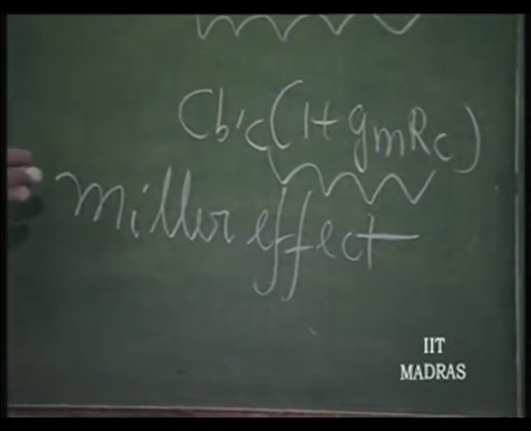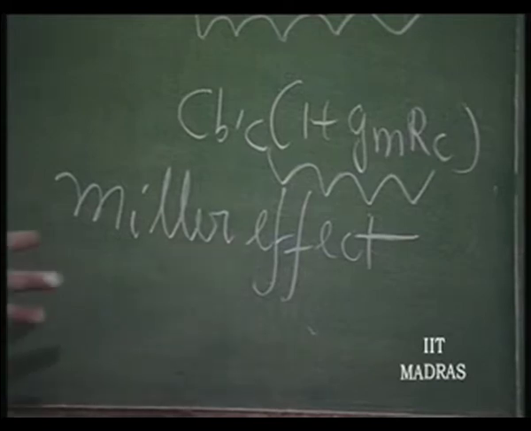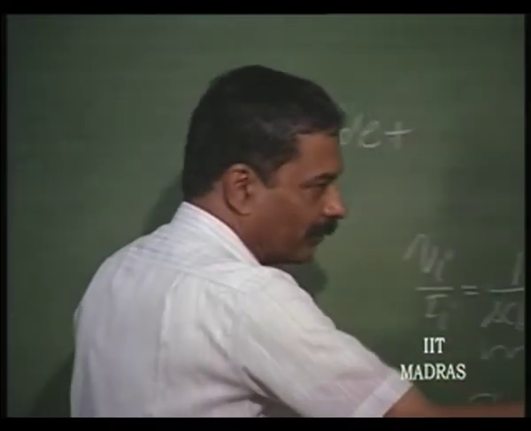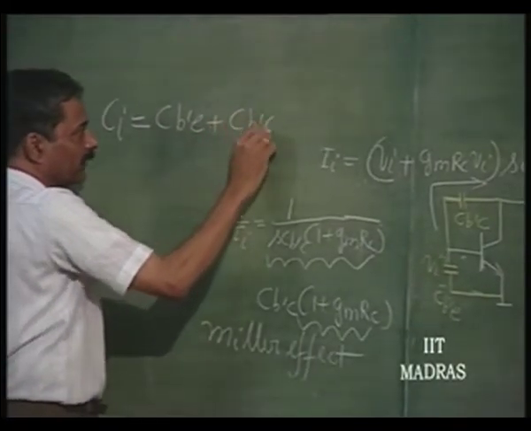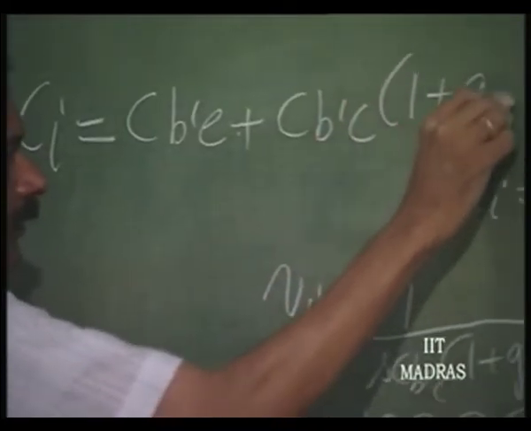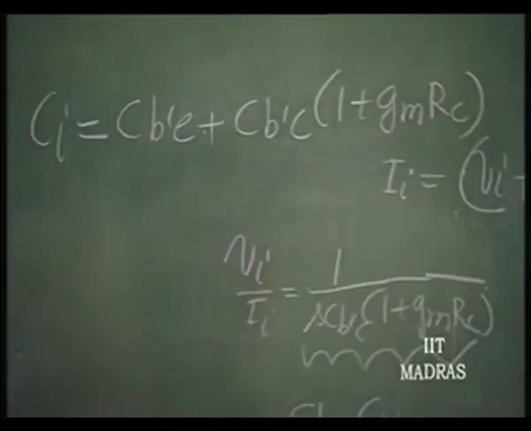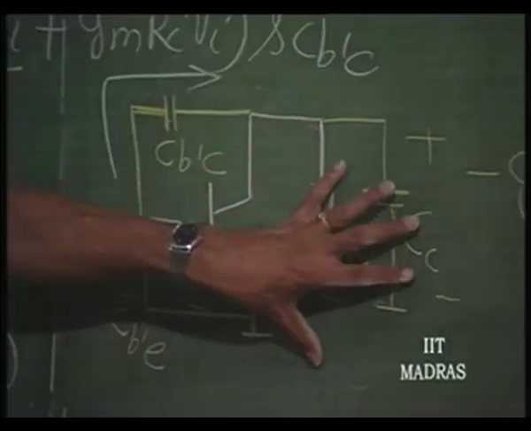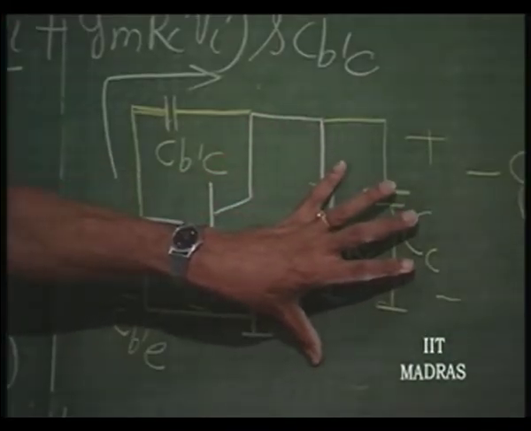Any amplifier which has a capacitance between its input and output, that capacitance gets amplified by a factor of 1 plus gain, that is the Miller effect. So, effectively the input capacitor C I is going to be C B dash E, the input capacitor, plus C B dash C into 1 plus G M into R C. And as far as the output is concerned, the output is G M R C times higher than the input.